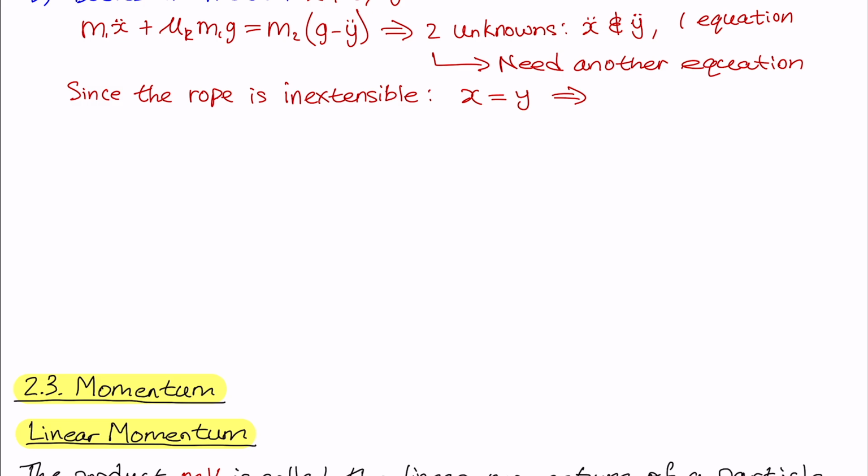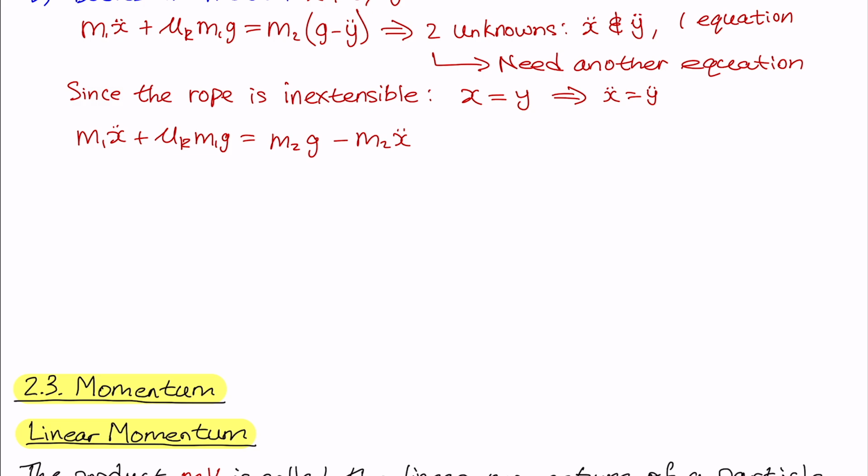You were probably overthinking it. X double dot equals y double dot. Exactly. So then we can expand the right-hand side. We'll get m1 x double dot plus mu k m1 g equal to m2 g minus m2 x double dot.